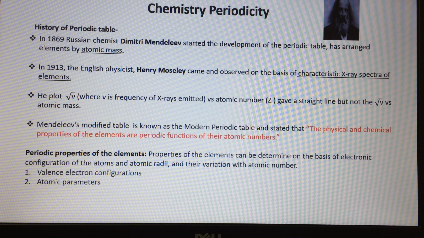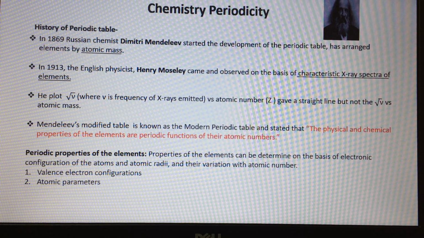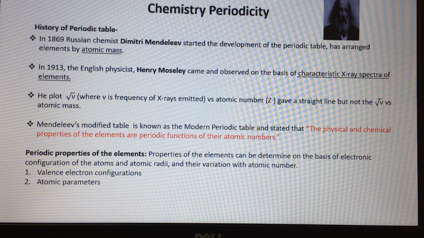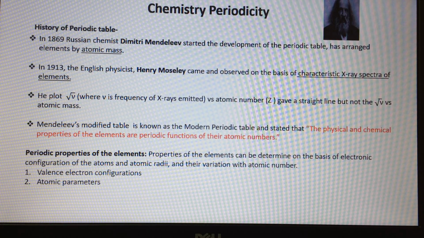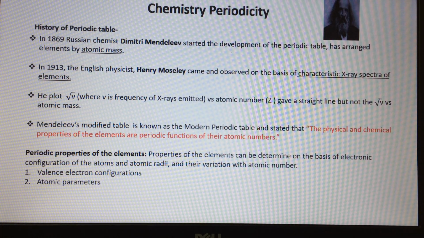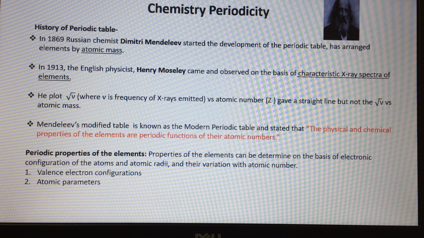So keeping all those things in mind, they again determined the periodic properties on the basis of increasing atomic numbers.